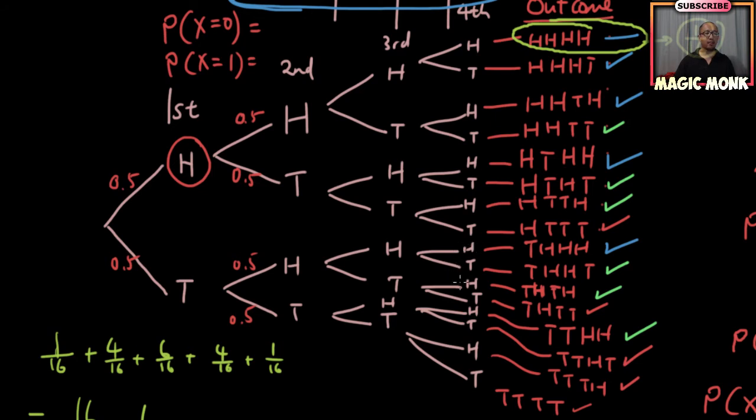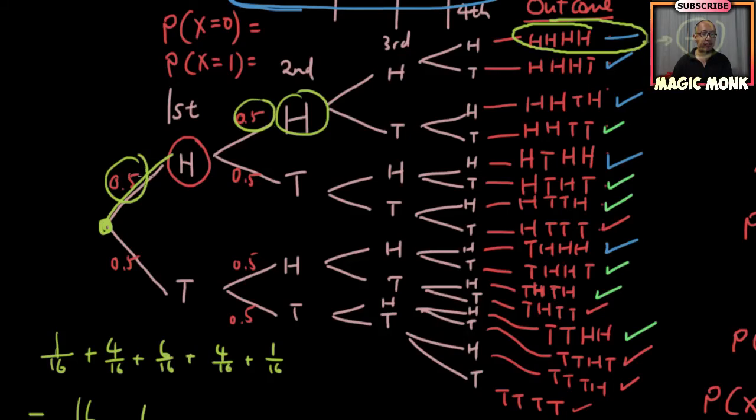If you start from the beginning, from this point here, you toss your first coin. The probability of getting a head is 0.5. Now, if you toss another coin, the probability of you getting the head again is 0.5 again.